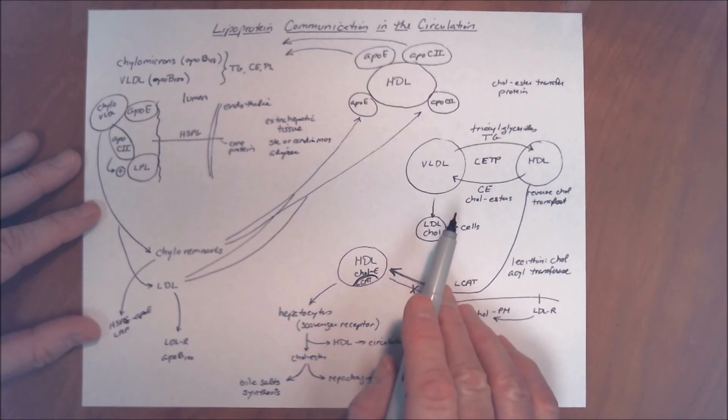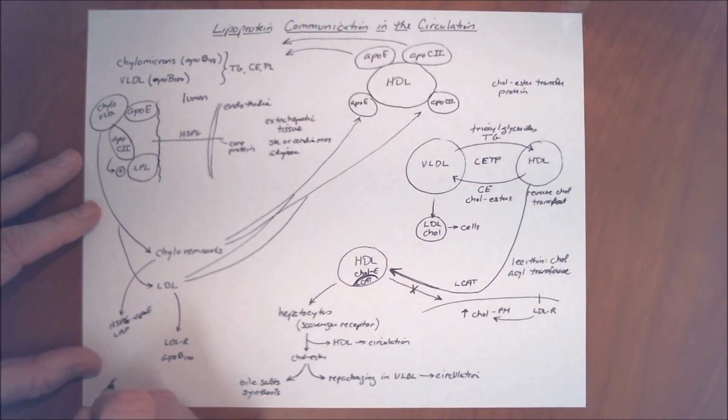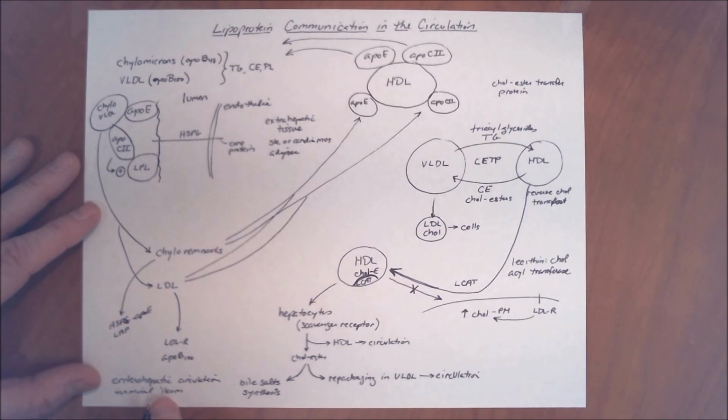The second method of conserving cholesterol is in bile salts. Recall that bile salts can be taken up by the enterohepatic circulation. These are taken up in the terminal ileum, returned through the portal circulation to the hepatocytes, and then reused for bile, for solubilization in the bile.